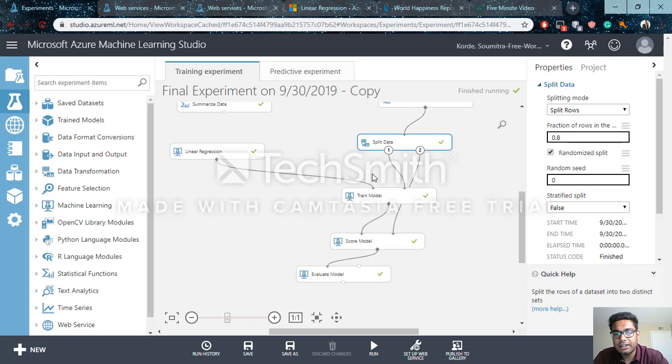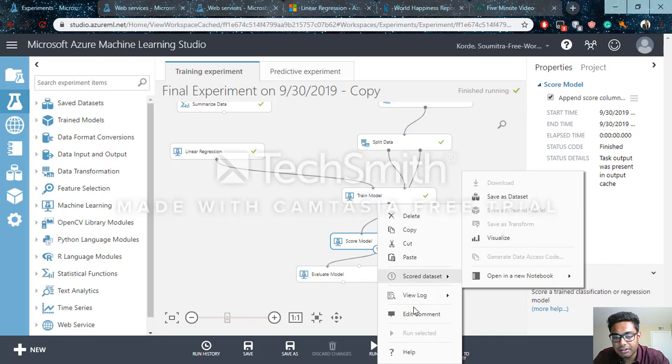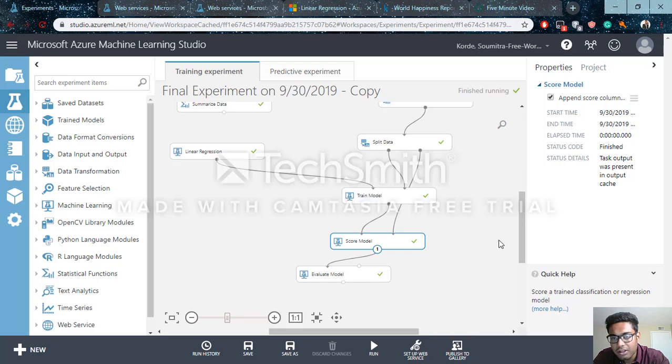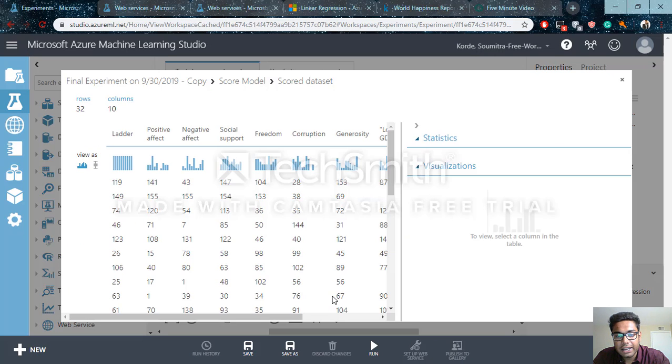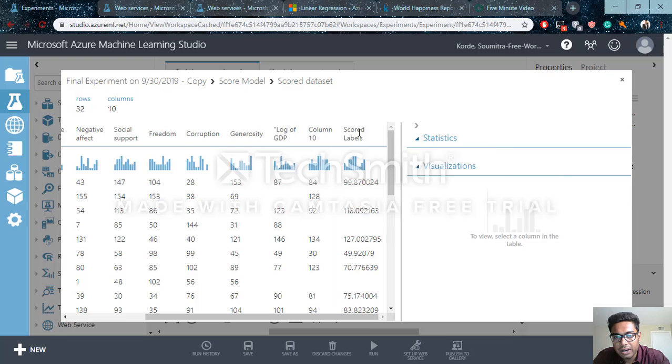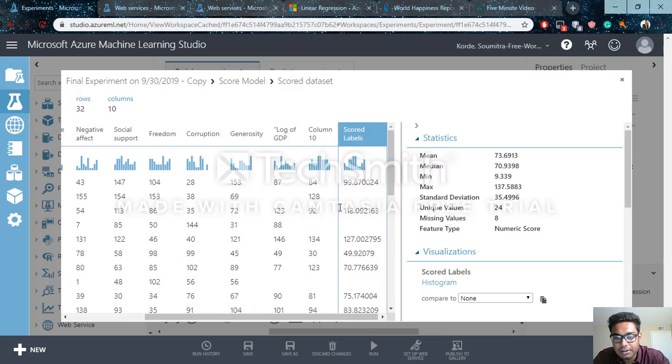After training my data on linear regression, I am then scoring my model. As we can see in the scoring of the model, the score label, which is created from the test data set, is the estimate of the prediction.